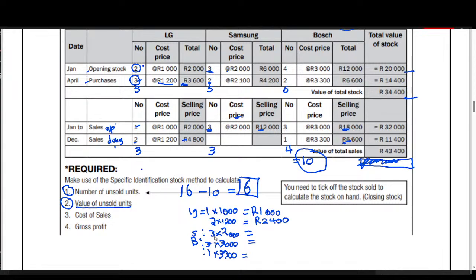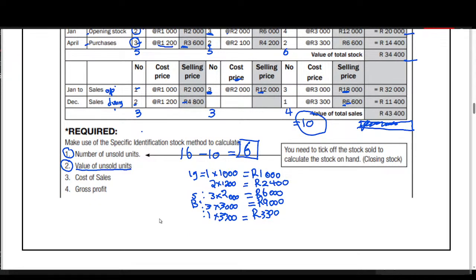Then Samsung, 3 multiplied by 2,000, that is 6,000. 3 multiplied by 3,000, that is 9,000. 1 multiplied by 3,300, that is 3,300. Now we are going to add them together to see how much we get.